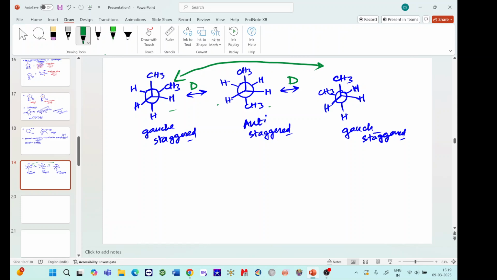It is a mirror image and non-superimposable. So these two are non-superimposable mirror images. So what do we call them? Enantiomers.